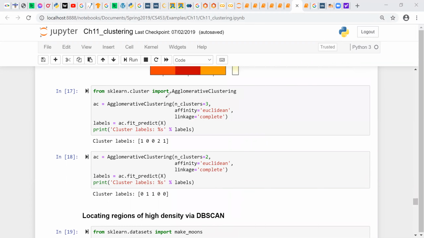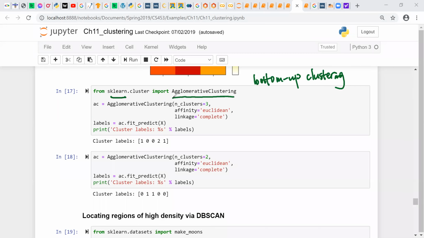In sklearn, we can do the bottom-up, hierarchical clustering we just discussed. This is called agglomerative clustering.